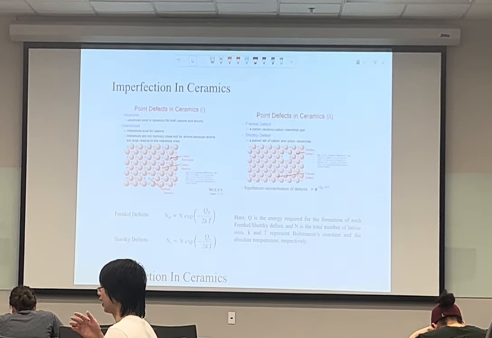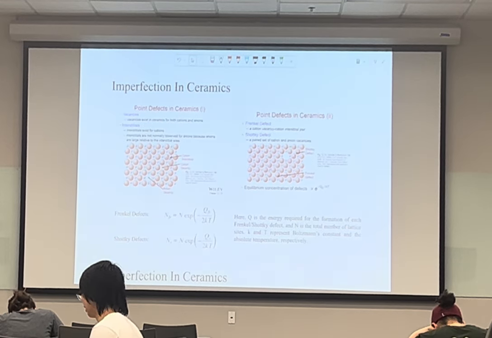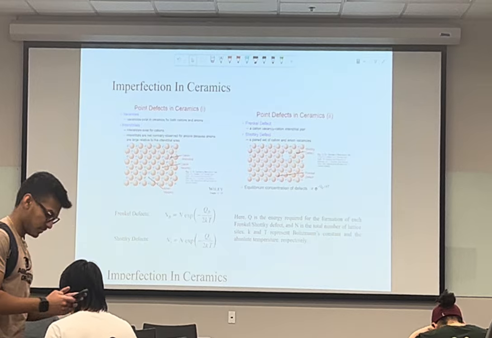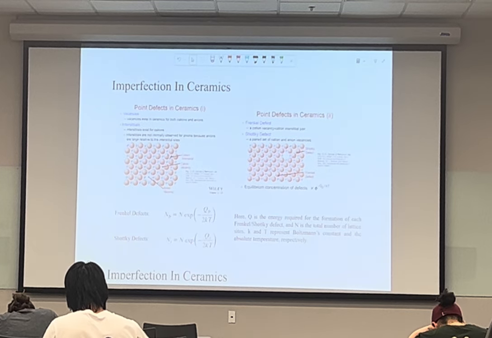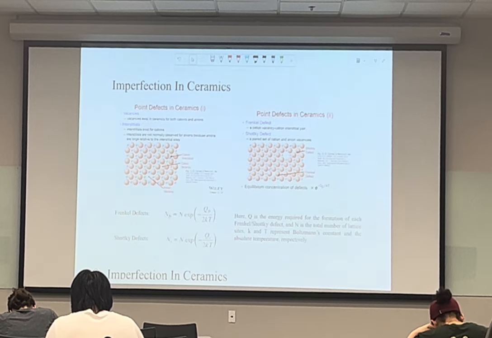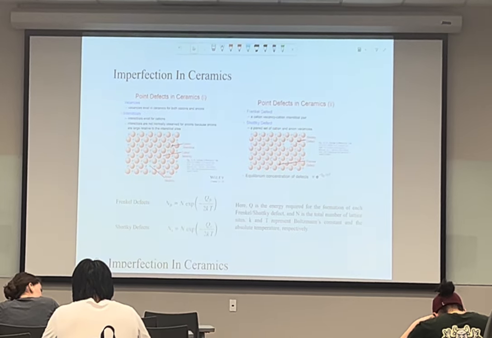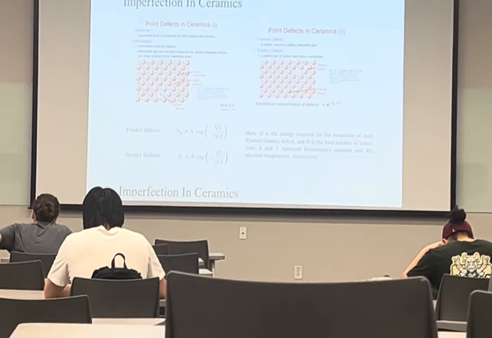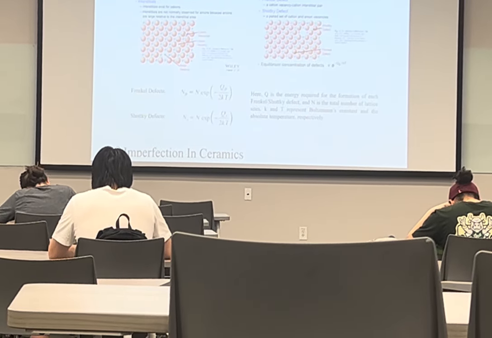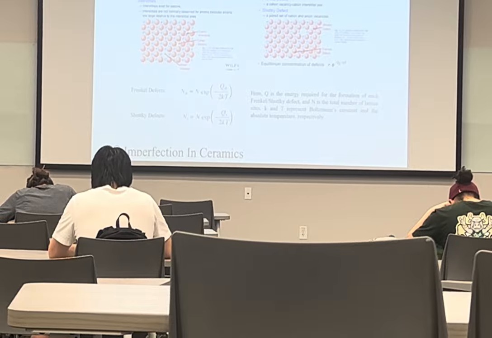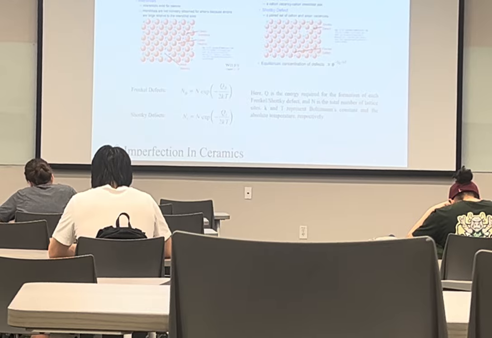We learned about point defects before, which we can divide into two categories: vacancies and interstitial defects. A vacancy is when one atom is not present as it's supposed to be, but an interstitial is when it is in the wrong position inside our lattice.